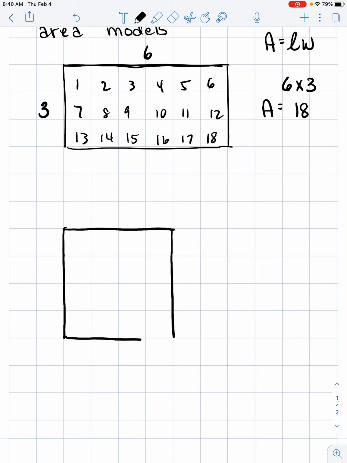Instead of saying that this is 4 by 4, I'm going to say that the area of this square is 1 square unit, 1 unit squared.